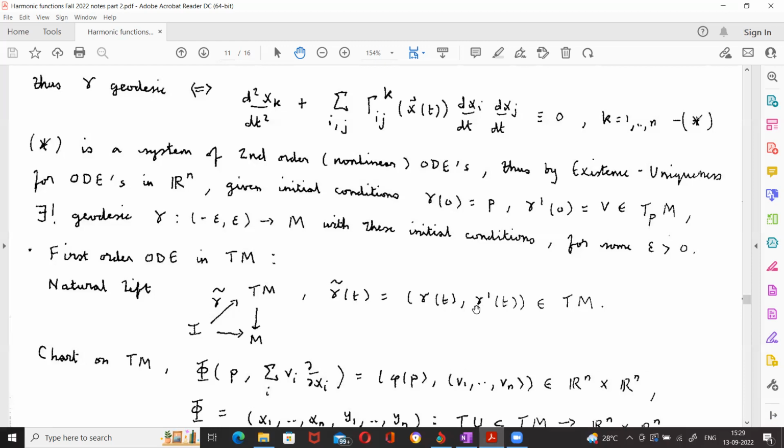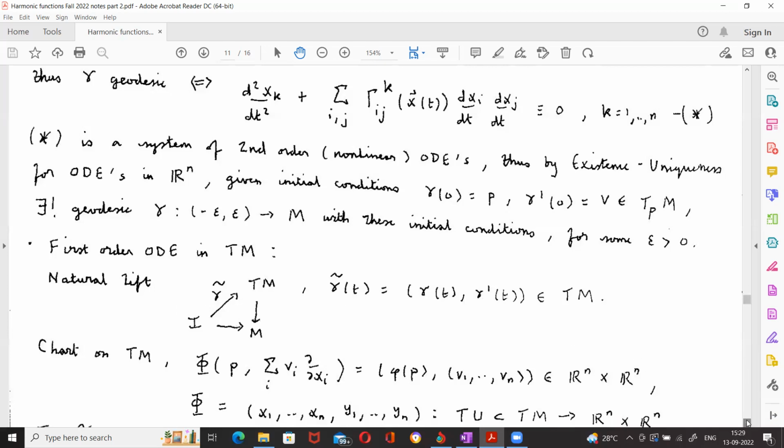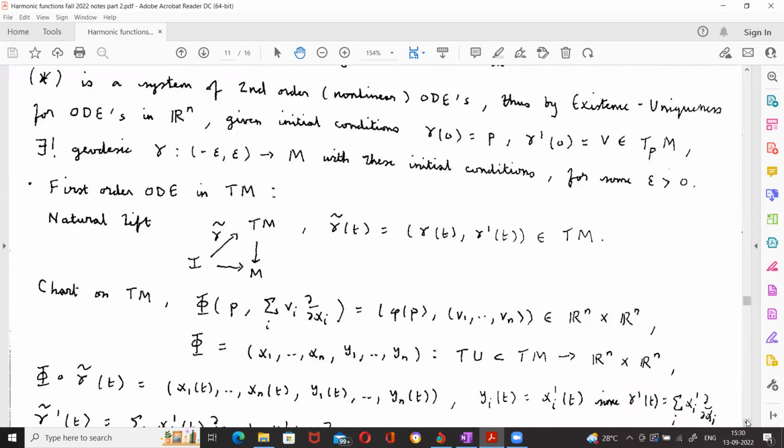This curve projects to the curve gamma, so that's why it's called the natural lift of gamma.